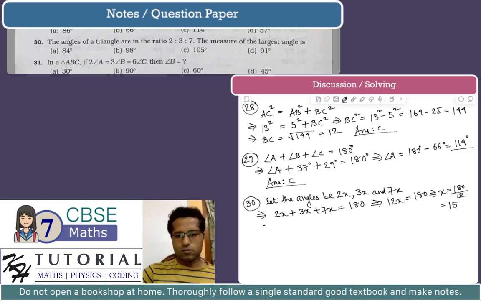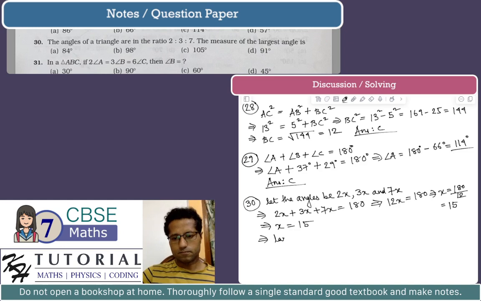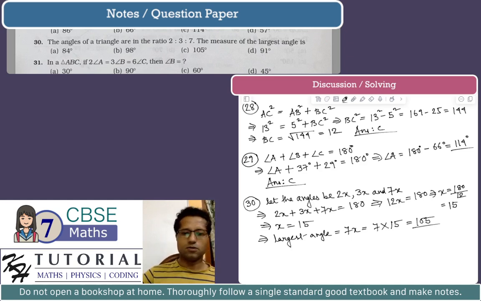The largest angle will always of course correspond to the largest term in the given ratio, which is 7x, which is equal to 7 into 15, because x is found to be 15. So this is equal to 105. So the largest angle is 105 degrees. So the correct choice is C.